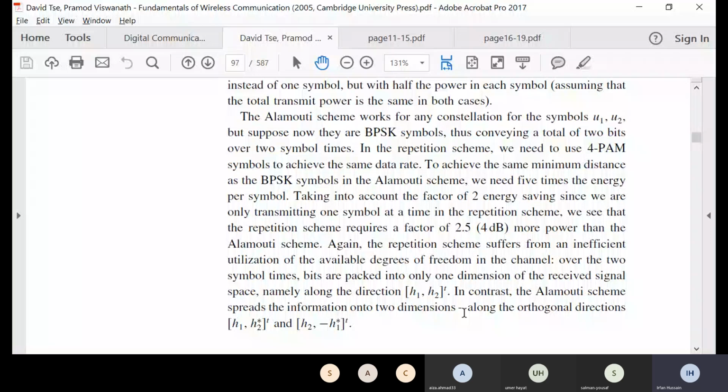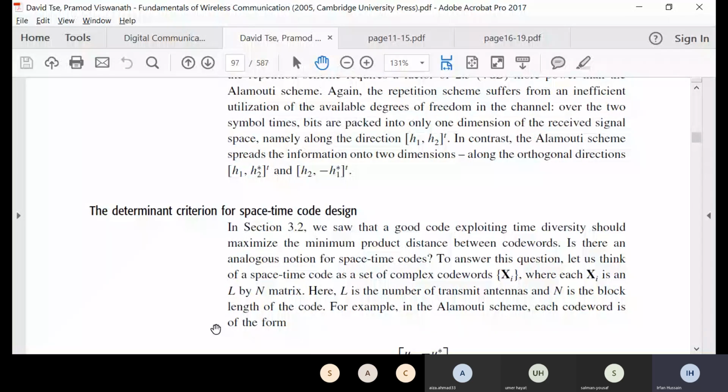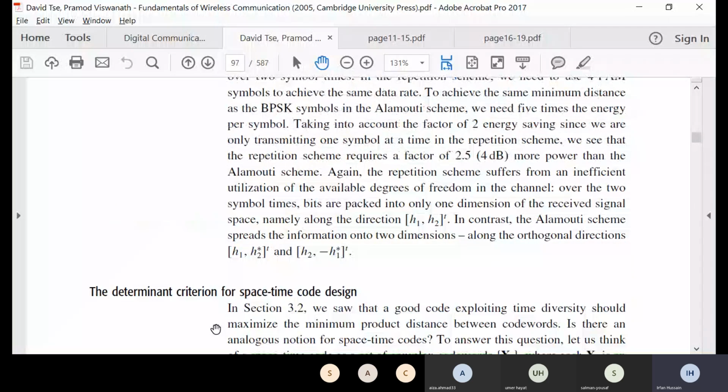Before that, I would like to do one thing. Understanding space-time code design requires one further step, and that step is that in the LMOT scheme, your data symbols might be complex.